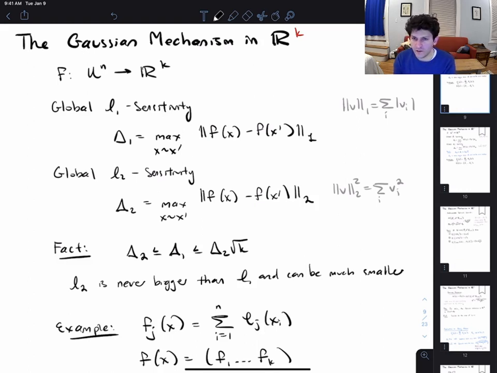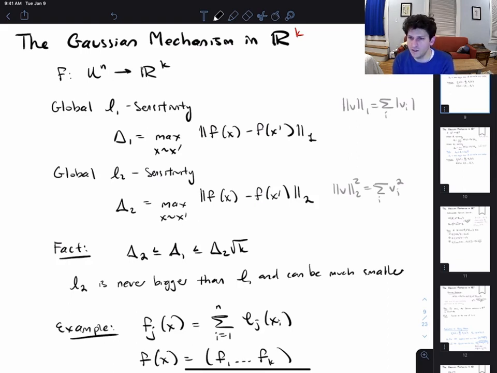Okay, but I could also define the sensitivity in other norms. In particular, I could define it in the Euclidean or L2 norm, which is still the max over all neighboring data sets of f of x minus f of x prime, but now measured in the Euclidean norm rather than the L1 norm. And the Euclidean norm is the square root of the sum of the square of every coordinate. Right? And the reason that it's nice to think about the L2 sensitivity is just because it's often smaller.